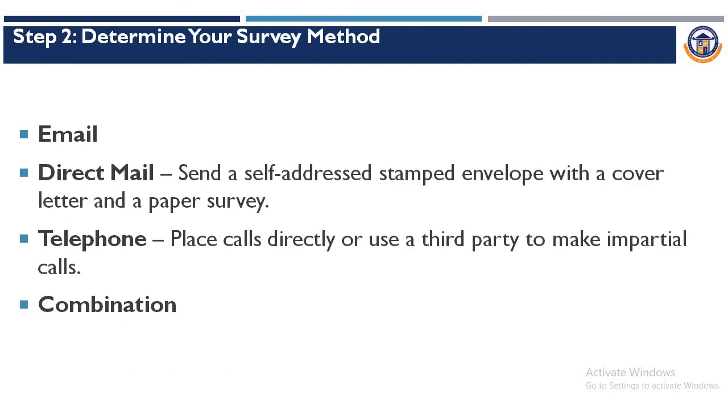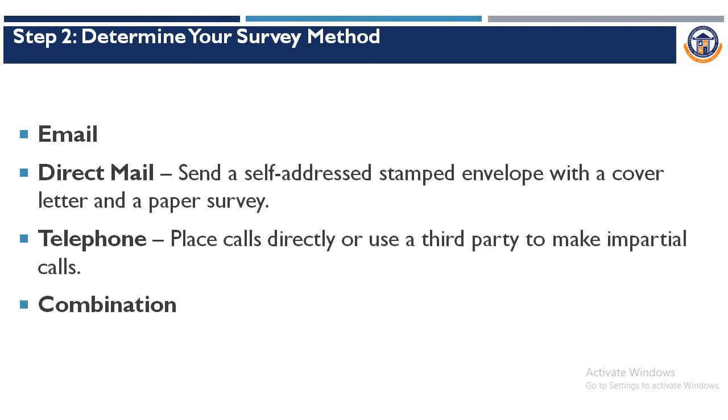Then the second step is to determine your survey method. If you decide to go for a brand audit, how do you proceed with it? What are the methods? What are the tools? The tools are email, direct mail, telephone, or you can also go for combinations. Email may look like a cost-effective method, but many of the respondents may not respond.